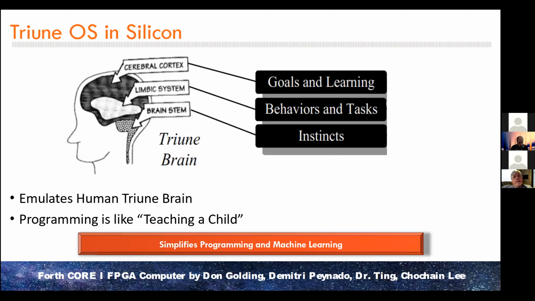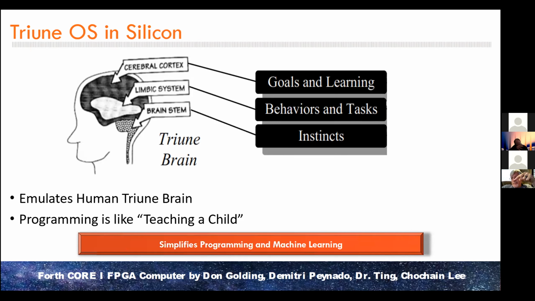So the Triune operating system emulates the 3 levels of the human brain. It's sometimes called the reptilian brain, but your cerebral cortex, which is your conscious thought, that's your goals and learning level. Behaviors and tasks is the limbic system, which controls your automatic breathing, but you can override it, right?